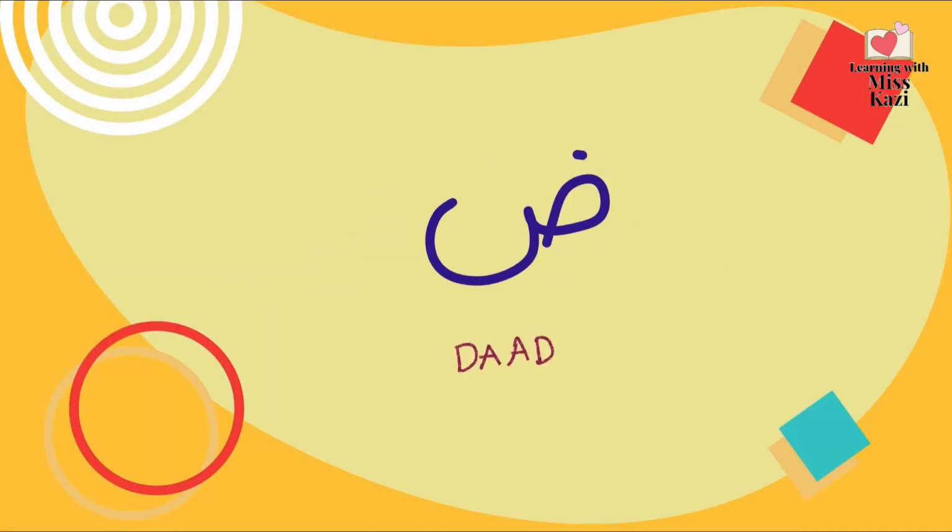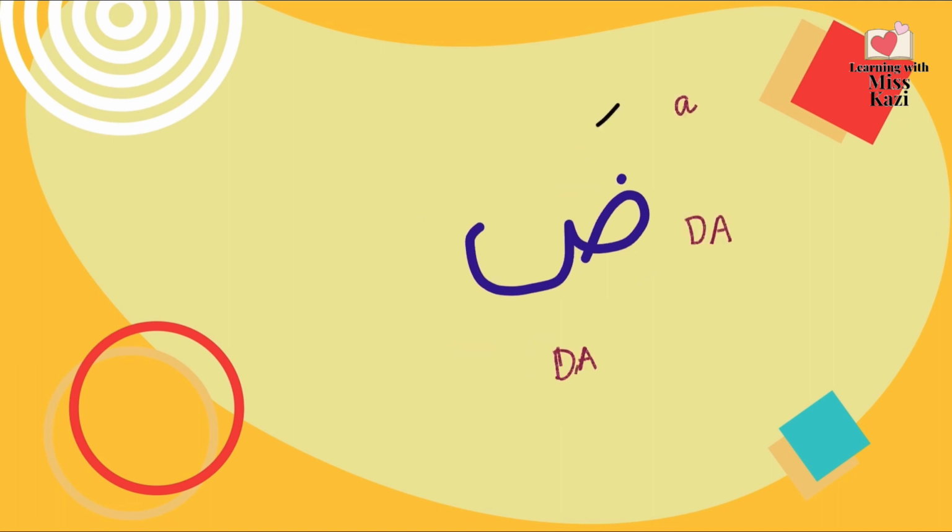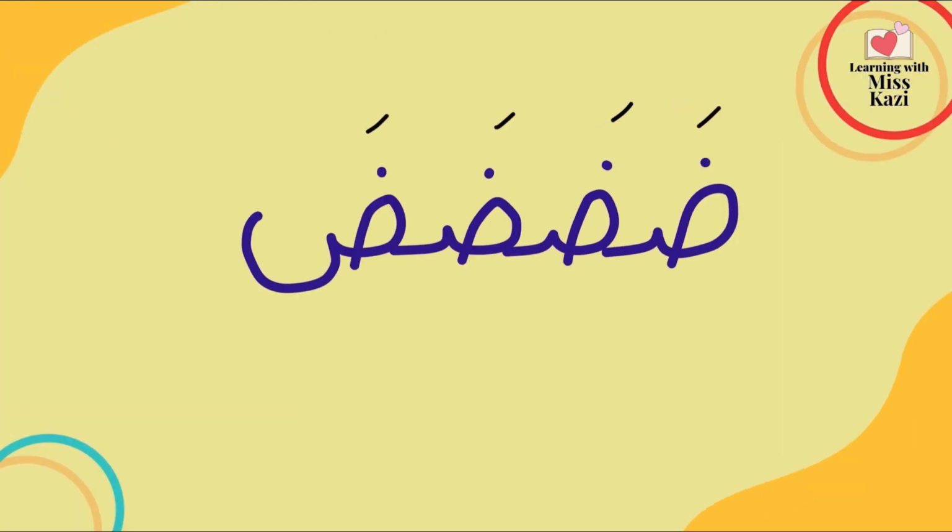Our next letter looks like a Saad, but it has a dot on top. It is our letter Daad. Saad and Daad are both heavy letters. Daad with a fatha, da. Da, da, da, da. Good job.